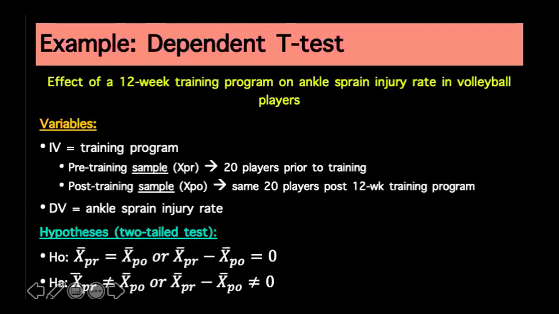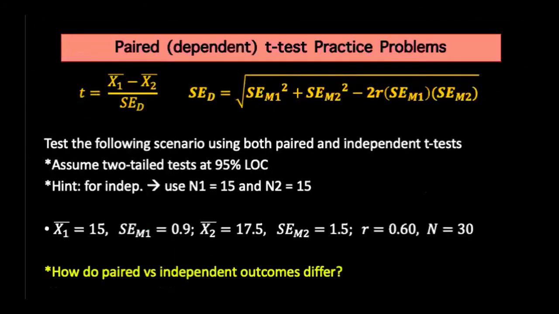Okay, so for your practice problems for the t-test, I only give you this one example where you have two sample information, right? And then I give you this opportunity.